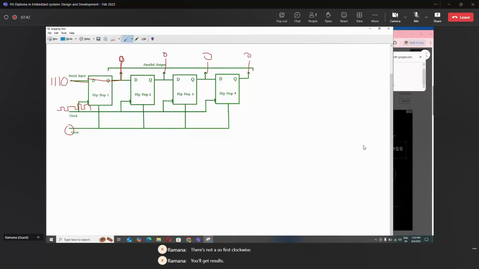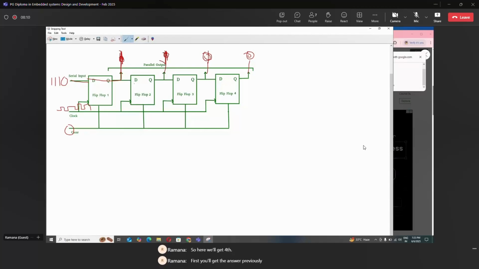On the second clock pulse, 0 will come here and 1 will be here. On the third clock pulse, 0 will shift here, 1 will be coming here, 1. And on the fourth clock pulse we will get 0, 1, 1, 1. So on the fourth pulse, you will get the answer.